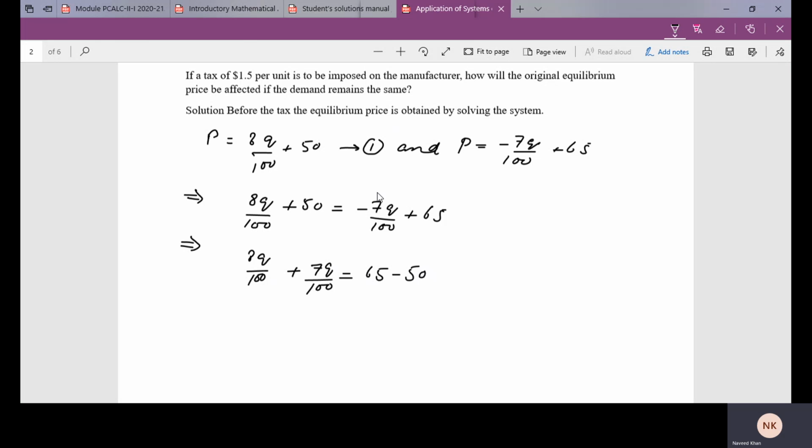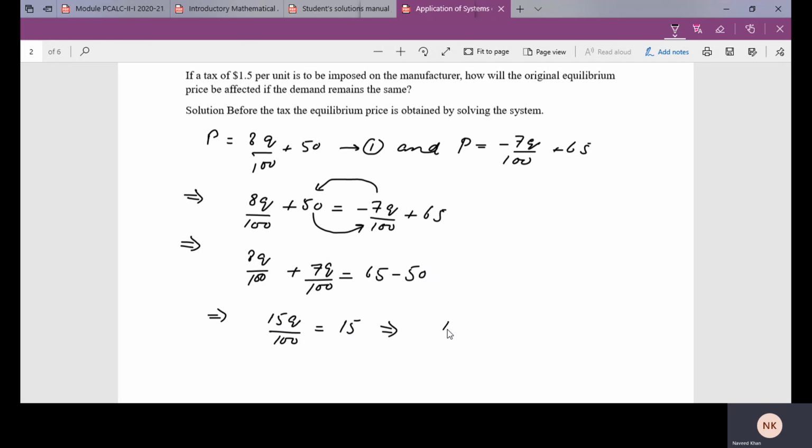This minus 7q will move to the left hand side, and this plus 50 will move to the right hand side. So here the answer will become 15q by 100 is equal to 15. Now this implies that we need to find out q.